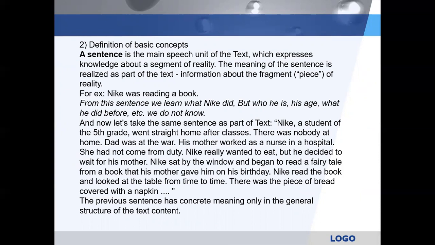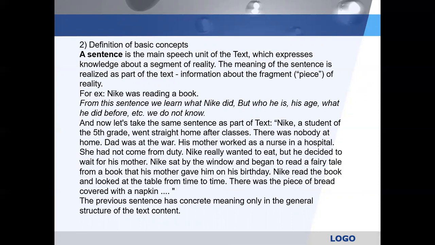Mike really wanted to eat, but he decided to wait for his mother. Mike sat at the window and began to read a fairy tale from a book that his mother gave him on his birthday. Mike read the book and looked at the table from time to time. There was a piece of bread covered with a napkin.